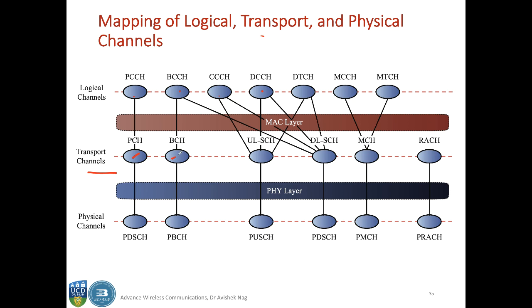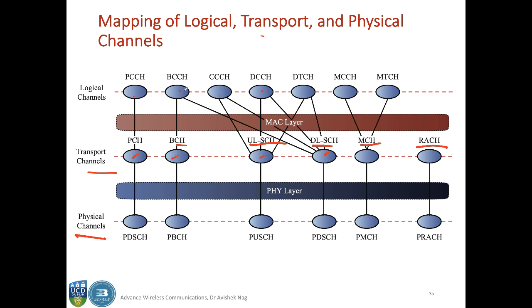All of these acronyms have a complete expanded name; CH stands for channel. Between the physical layer and the MAC layer, you have these transport channels, and then there are the physical channels, which reside beneath the physical layer, and these are all the physical channels.